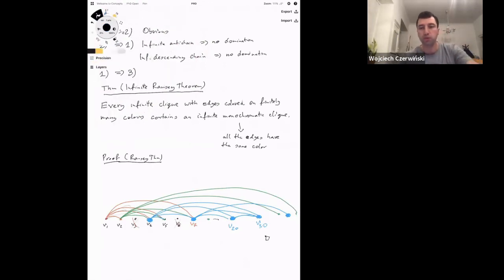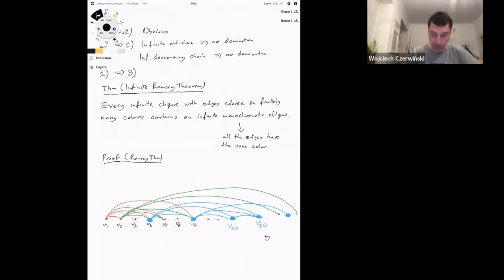Any questions about this proof? Or is it fine? Okay. So now how do we apply it to the implication from 1 to 3?